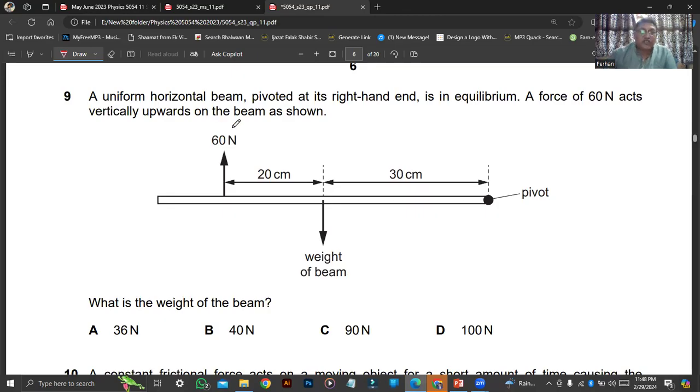This 60 Newton force is trying to produce a clockwise turning effect, or clockwise moment. The weight of the beam is trying to produce an anti-clockwise moment because this whole thing is in balance. So the clockwise moment and the anti-clockwise moment will be equal to each other. The question is, what is the weight of the beam?